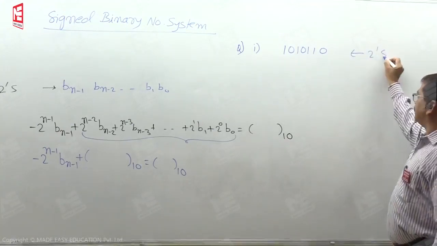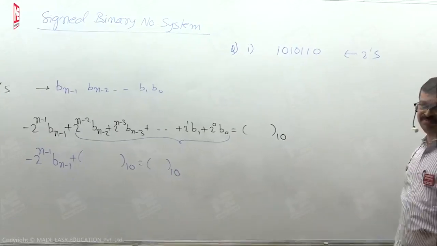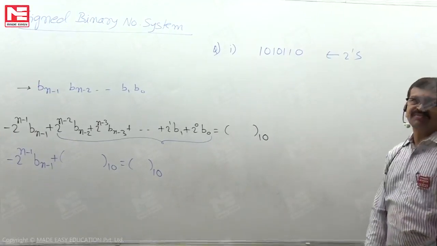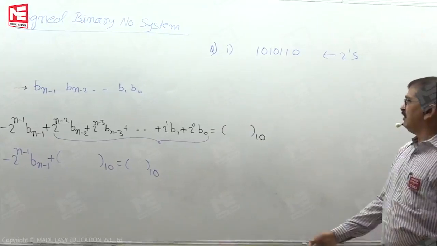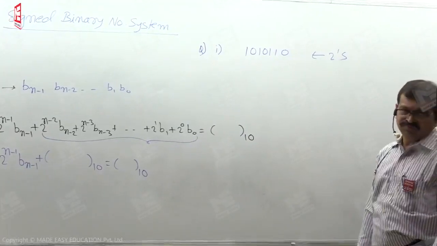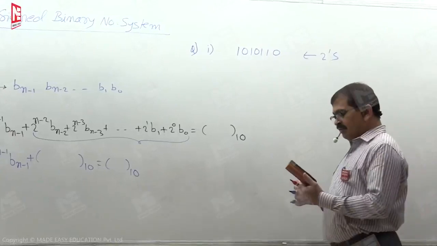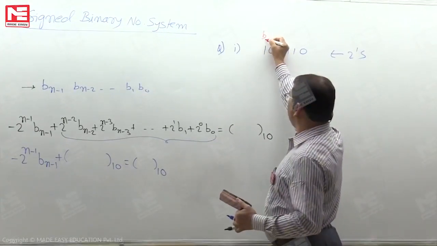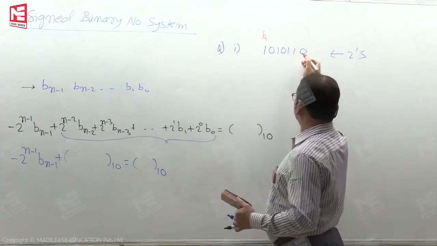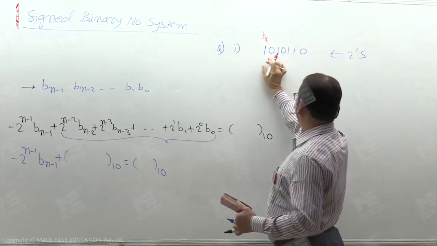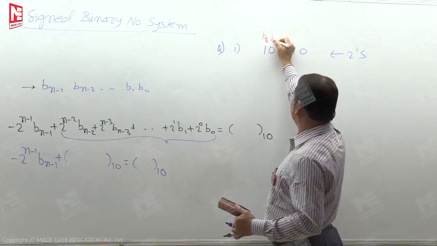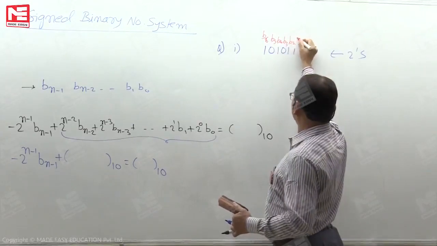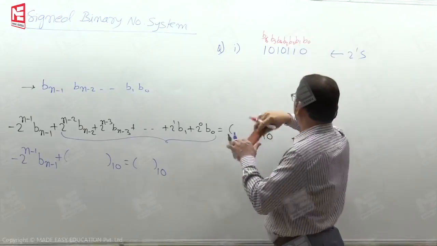The given number is considered to be in 2's complement form. We are interested in its equivalent decimal value. Based on the method I described, here the bits are B6, B5, B4, B3, B2, B1, B0. In total we have 7 bits.